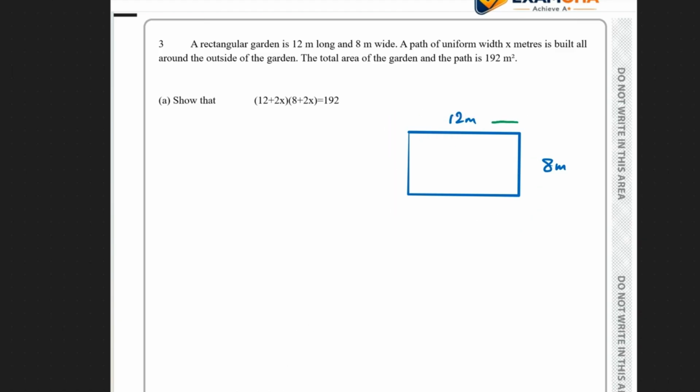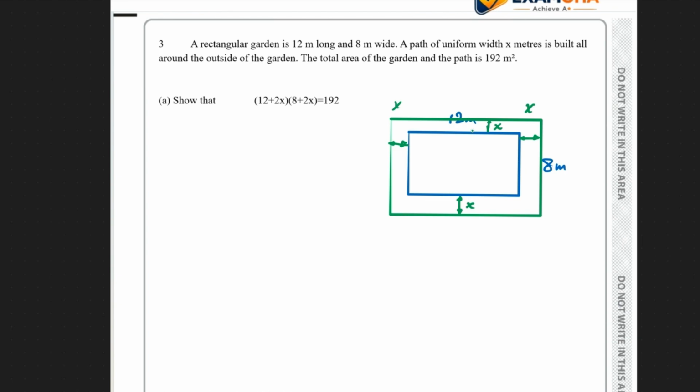So if I say this is the path around the rectangle here, and I know this one has x meter, so x meter here, this one x meter, and this one x meter. It's built around the outside of the garden.